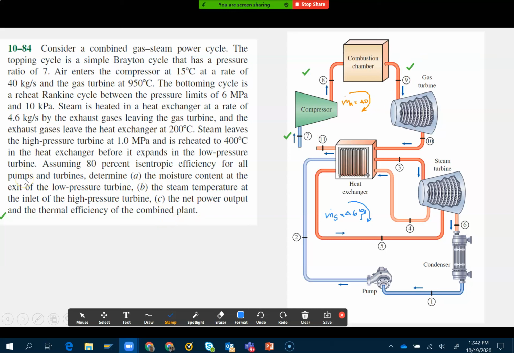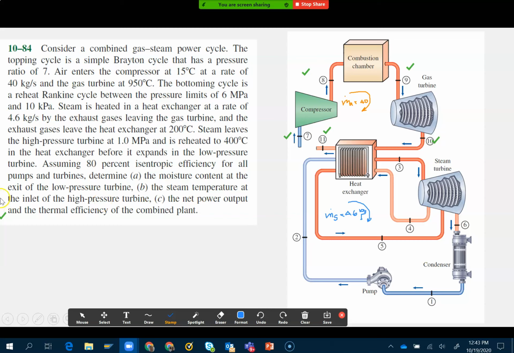Again, since we know the pressure ratio of 7 and the isentropic efficiency, we can get state 10. And we are told that the exhaust gases leave the heat exchanger at 200 degrees, so we have state 11. So all of the air cycle is defined.